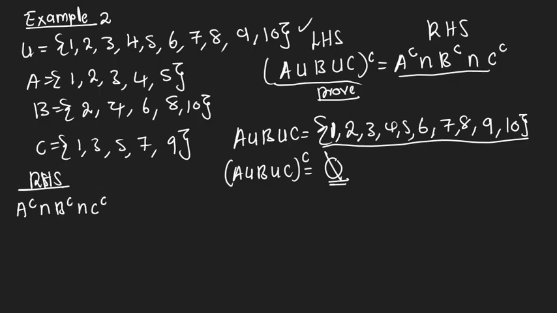So let's do A complement. We are removing 1, 2, 3, 4, 5. So it will include all numbers from 6, 7, 8, 9, 10. Then B complement is going to be a set.